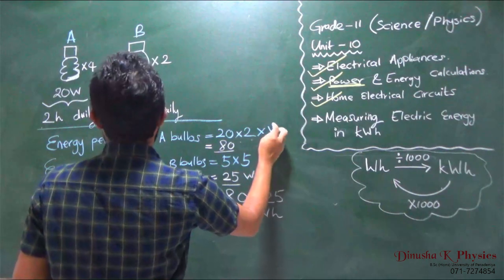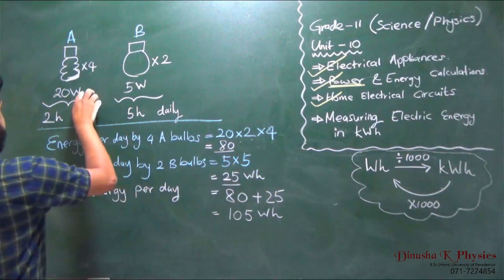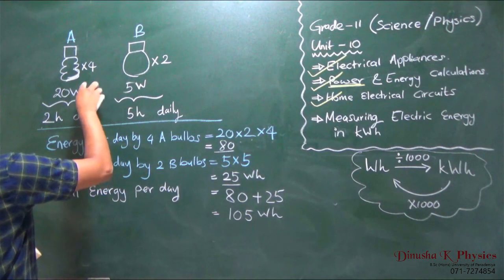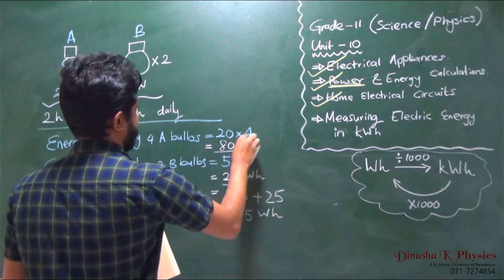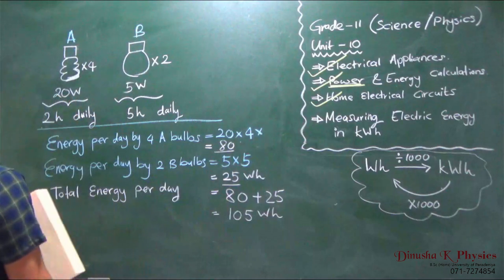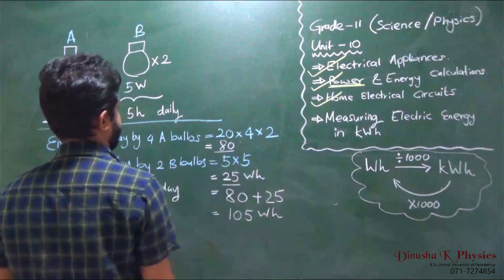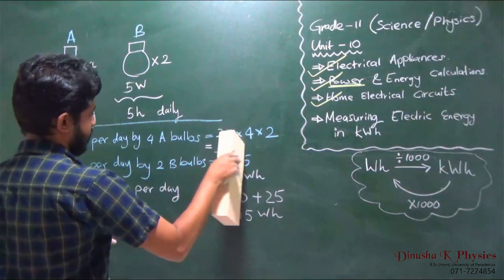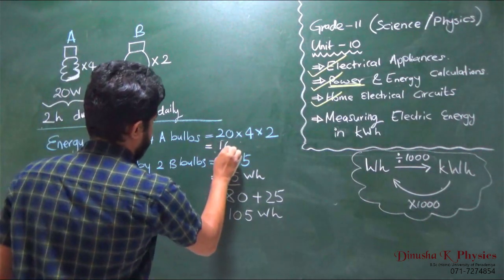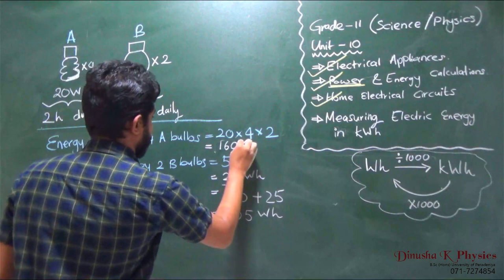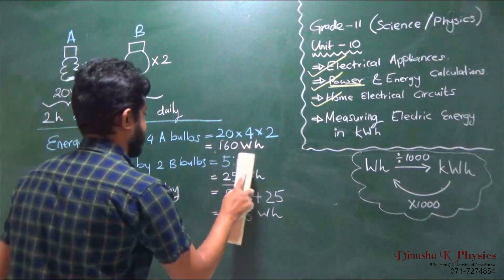This 20 watt is the power of one bulb, so it must be multiplied by 4 first to take the total power. 20 into 4 times 2 will give us 160 watt hours.